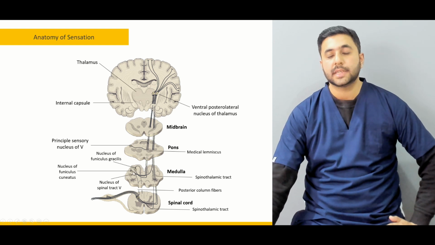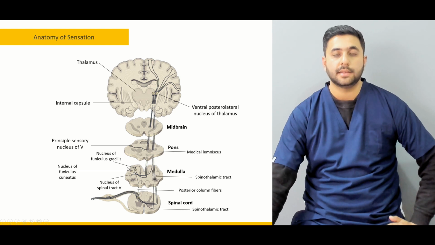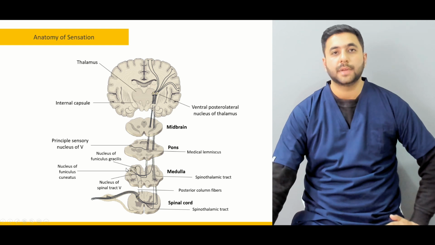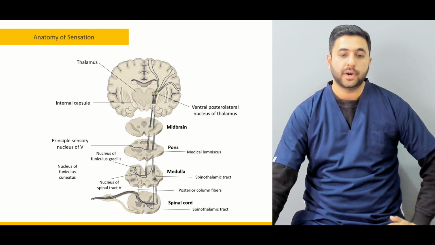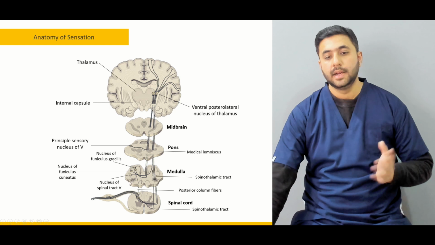The sensations which are carried from the legs generally form synapses in the nucleus gracilis, and the sensations carried from the arms or the lateral part of the body relay in the nucleus cuneatus. After relaying in the medulla, they start ascending and cross the medulla in the great medullary decussation.